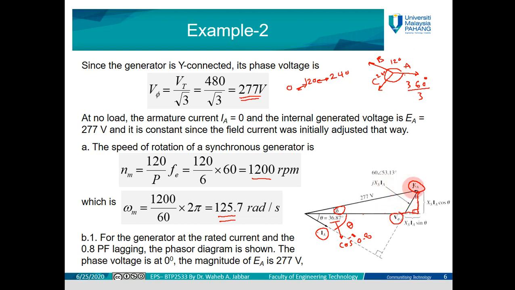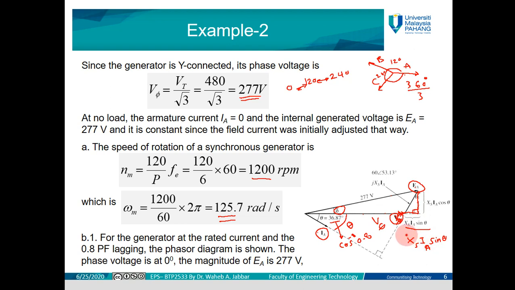So we have EA squared equal to (V phase plus XS IA sine theta) squared, plus (XS IA cosine theta) squared. V phase is until this point, and then we have here XS IA sine theta.